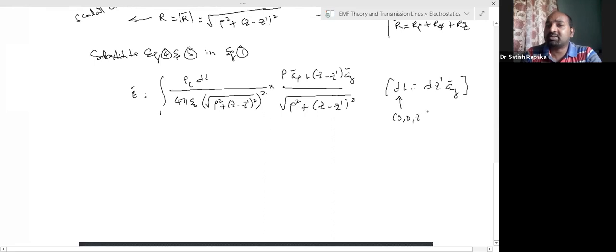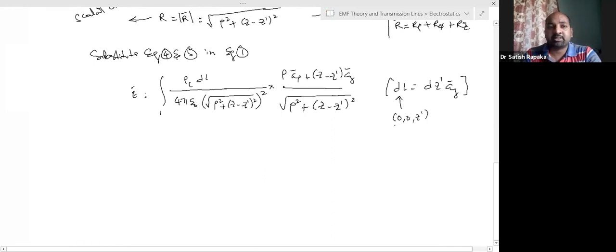So as we have considered the differential element at 0 0 z dash, dL is equal to dz dash a_z bar. It has only z component. So therefore dL is equal to dz dash a_z bar.